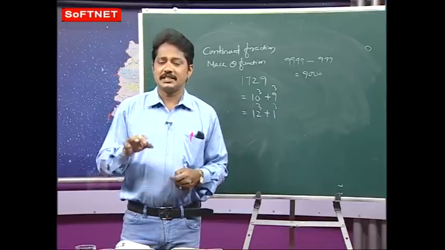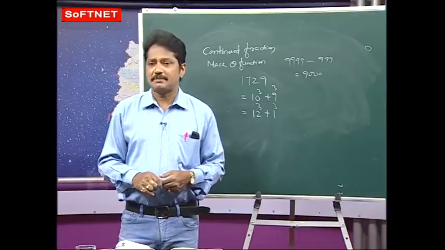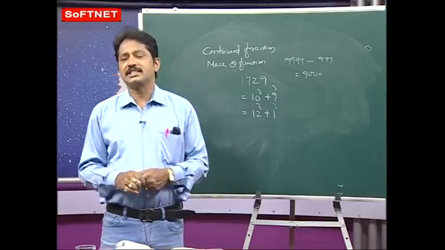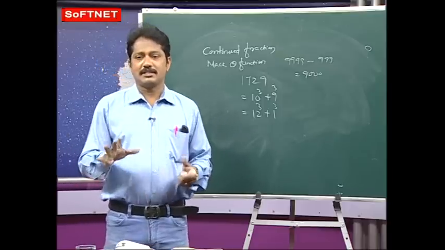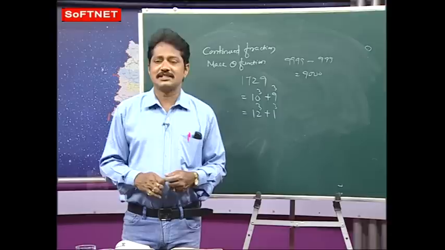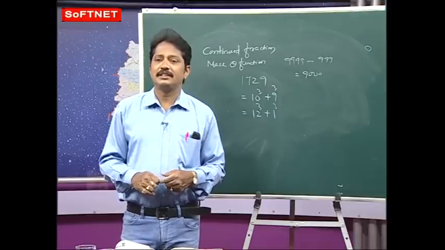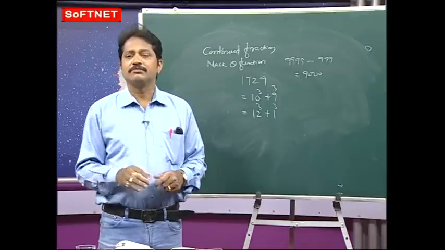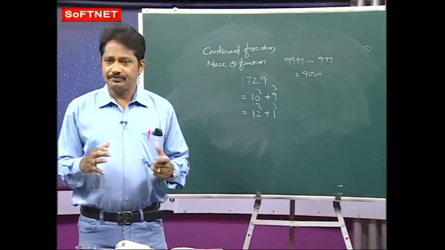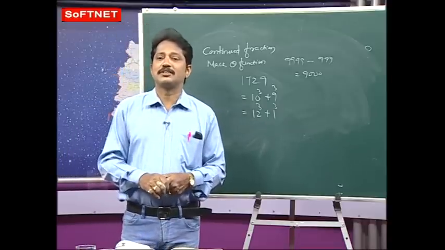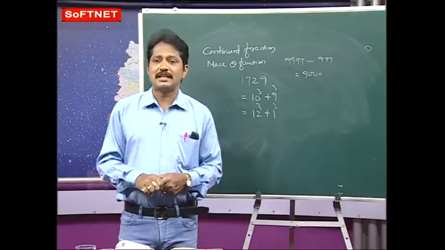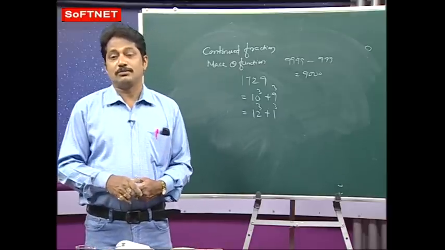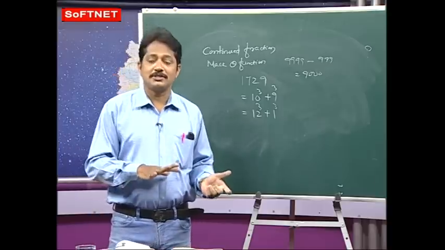That's the reason in the 9th class textbook, in the chapter Introduction to Euclid's Geometry, elements of geometry, that's the chapter name, we give the importance of the greatest mathematician, the father of geometry, Euclid. So the importance of that is Euclid geometry and non-Euclid geometry.